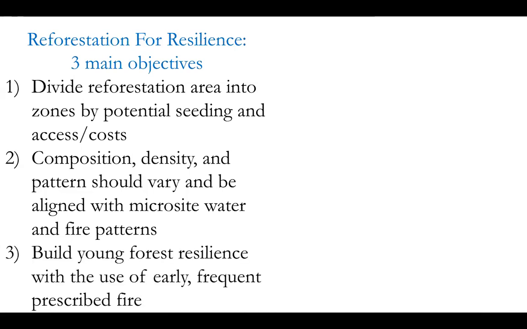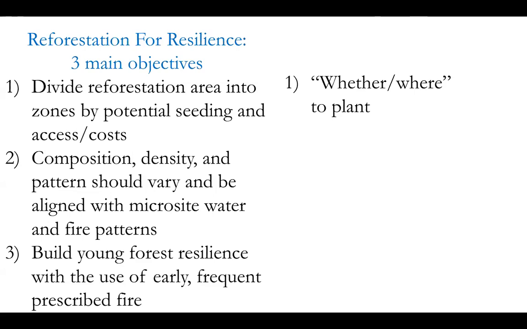And then third, we suggest that it's time to start at least considering the possibility of building young forest resilience with the use of early, frequent prescribed fire. So basically planning for fire to enter plantations at some point in their lifetime. And if we plan for that, we recognize that maybe the earlier that we get it in, the more resilience will be baked in from the initial stages of stand development.